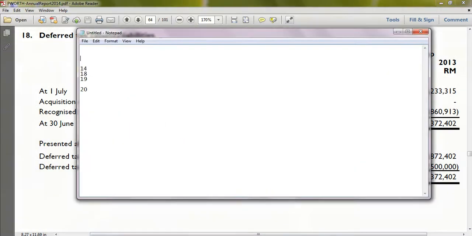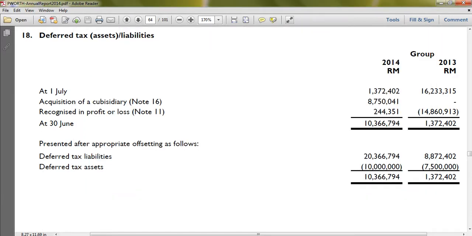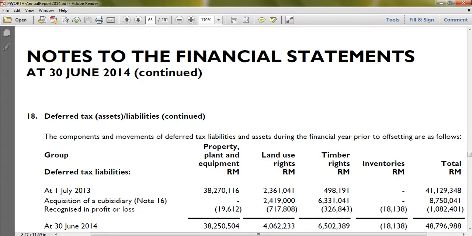So note 18. Deferred tax. Okay, so here goes. Seems like nothing much over there.